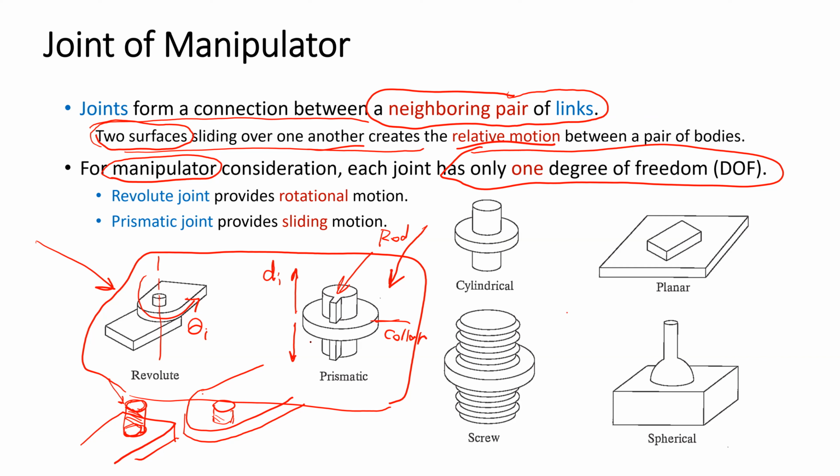Please be aware that the prismatic joint cannot be rotated. In this picture, there is a part to prevent the rotation. We can only move it along the axial direction of the joint.